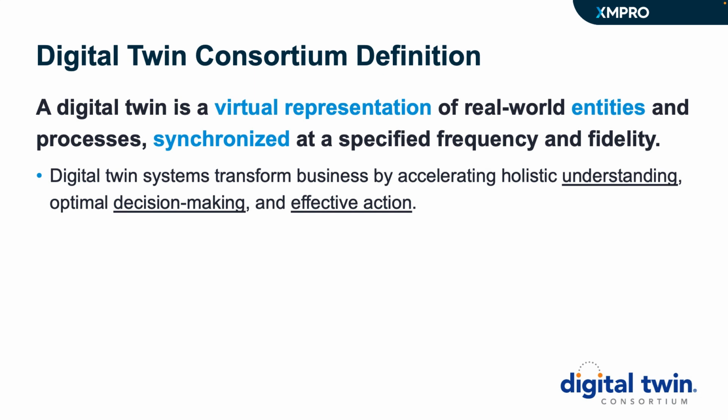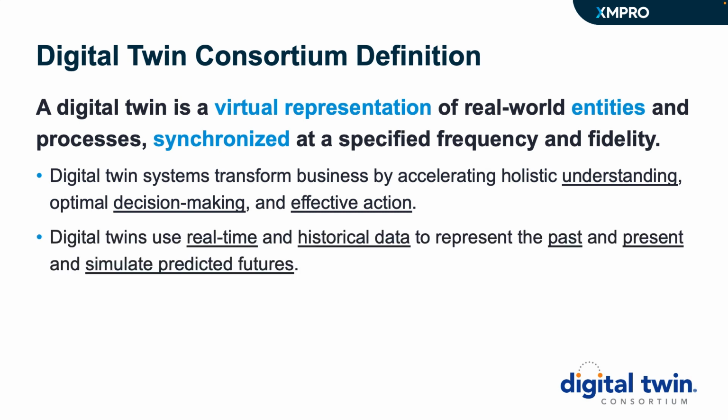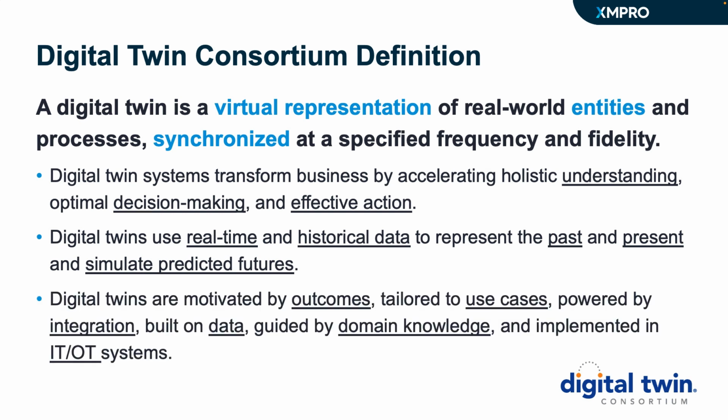It is underpinned by three things: it needs to improve understanding, decision-making, and effective action. It needs to use real-time and historical data to help you analyze what happened in the past, what's happening right now, and what's likely to happen in the future. Now, digital twins should be driven from a business perspective around outcomes.